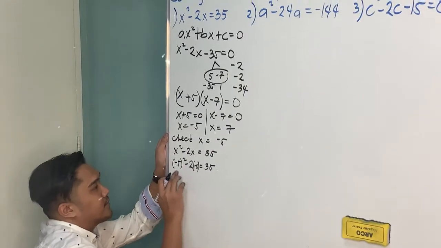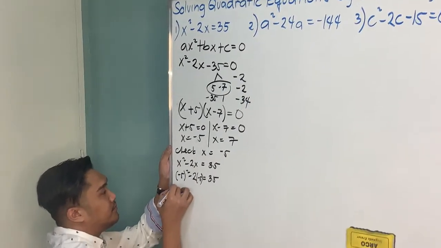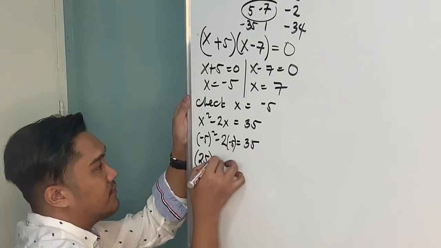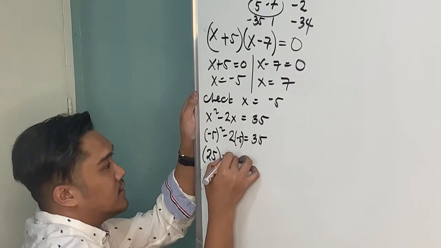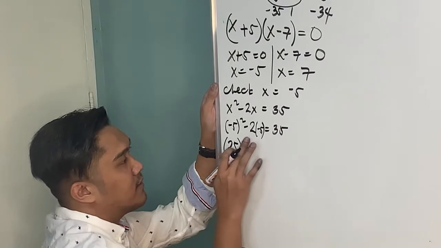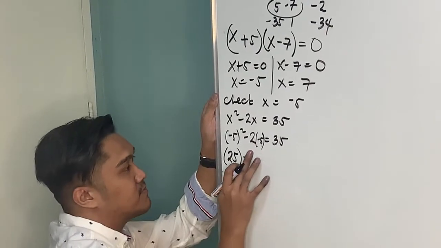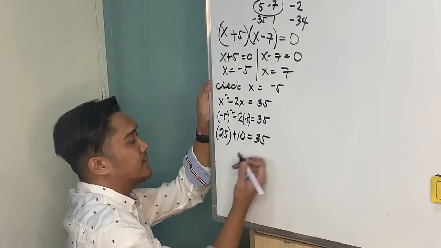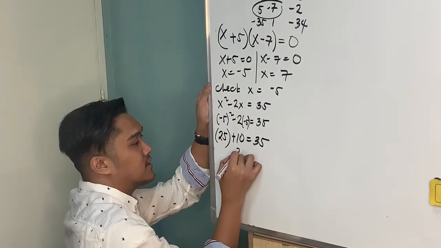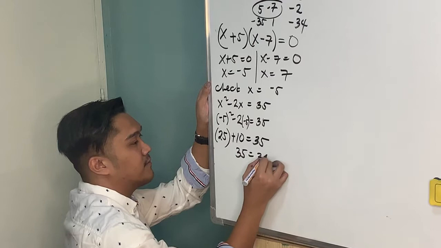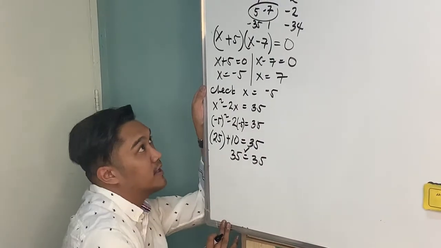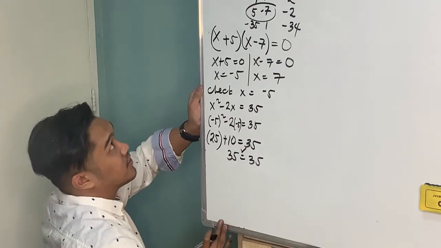So, negative 5 squared is 25 minus negative 2 times negative 5 is positive 10 is equal to 35. 25 plus 10 is 35 equals 35. Therefore, x equals negative 5 is one of the solutions.